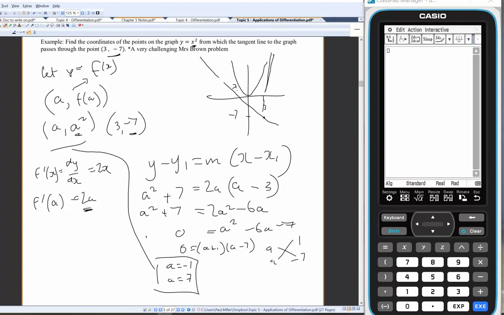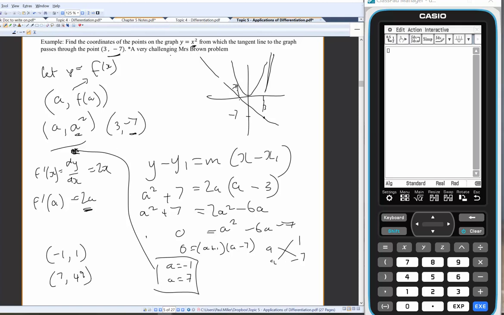So what we're going to do is put this into our unknown coordinates of the tangent. So if a is -1, then one of our coordinates is going to be (-1, 1). That's going to be this one here. And the other one is going to be high, as the diagram suggests. So it's going to be (7, 49).